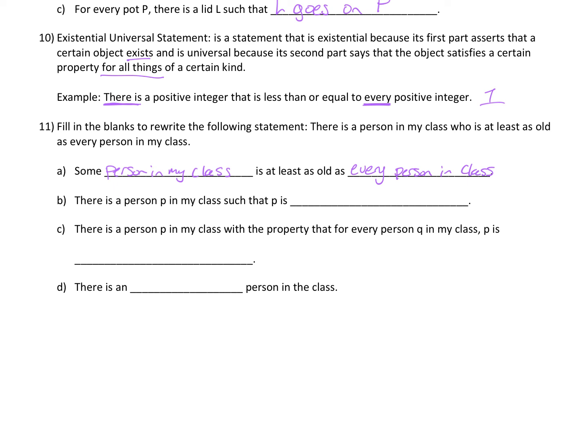There is a person P in my class such that P is at least as old as every person in class. There is a person P in my class with the property that for every person Q in my class, P is at least as old as Q.